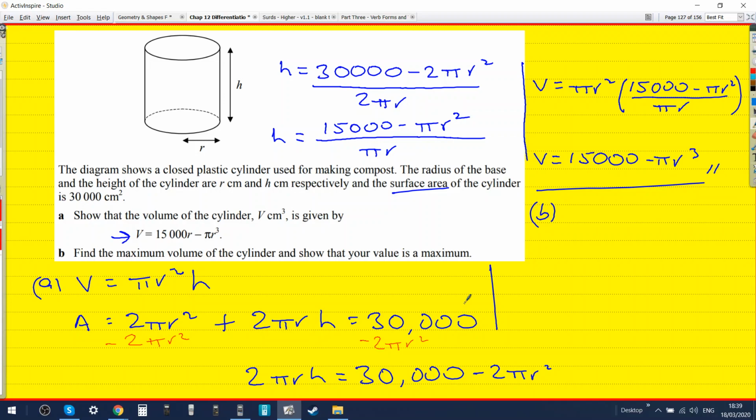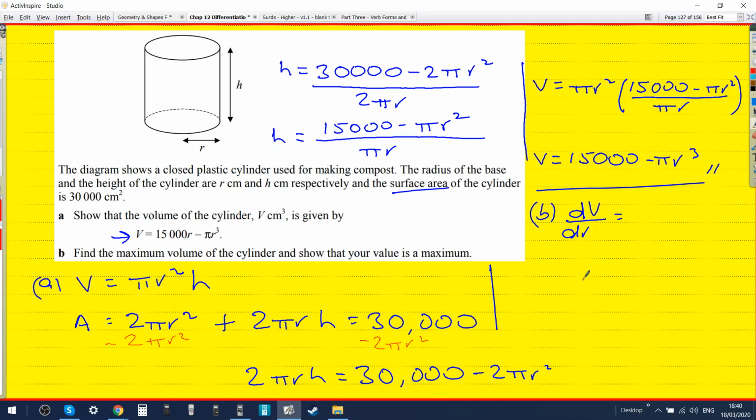And B. So we have to differentiate. So just 15,000 minus... Are you doing dv by dr?